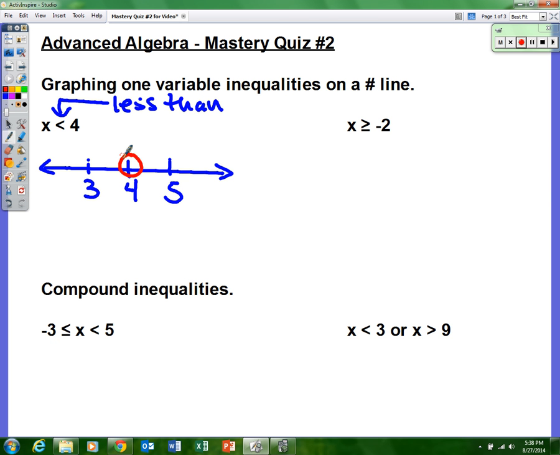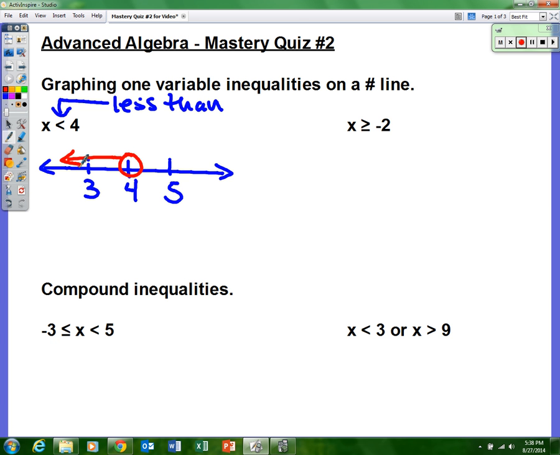That tells us that the 4 is not part of the solution. Well, it's less than, it's pointing to the left. X is less than 4. It's pointing to the x, so x is less than that. So we go to the left. Simple as that. That is the graph of that inequality.